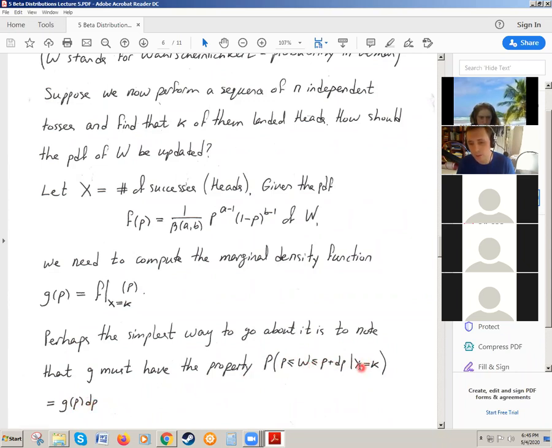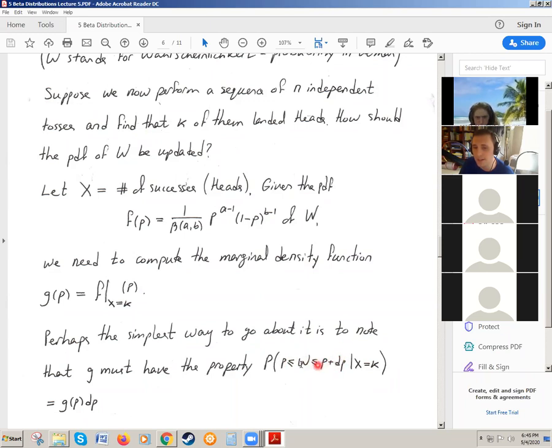That means suppose that we already have the data, it happened. We had k heads out of n. Then I want to figure out the likelihood that W equals the probability p. That's the same as W being equal to p or something slightly different. This is the width of my thin region, p to p plus dp.